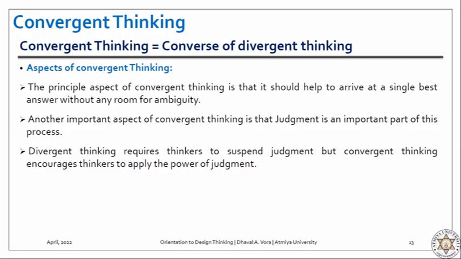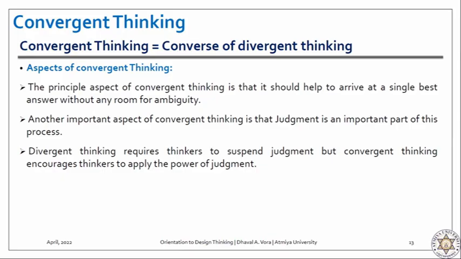Divergent thinking requires thinkers to suspend judgment, but convergent thinking encourages thinkers to apply the power of judgment. It is obvious that divergent thinking requires thinkers to suspend judgment, meaning you should not be judgmental.